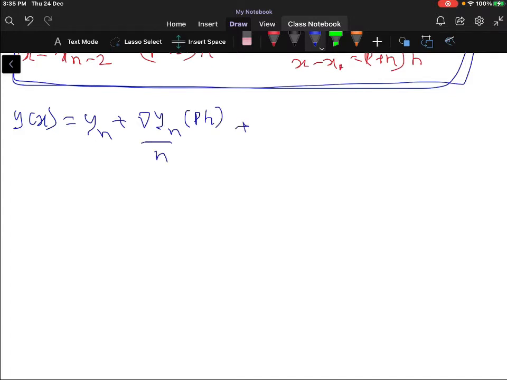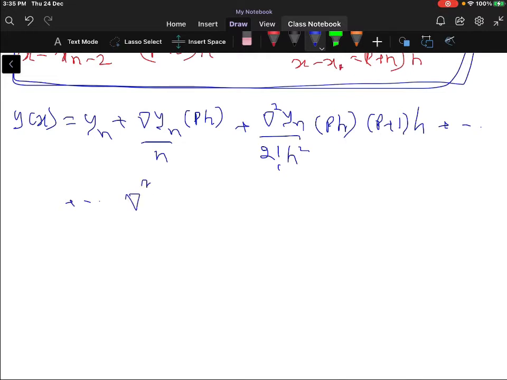X minus xn can be written as p into h, and the denominator we have h here, plus a2, which can be written as nabla square yn by 2 factorial into h square. X minus xn can be written as ph, and x minus x_{n-1} can be written as p plus 1 into h, and so on.